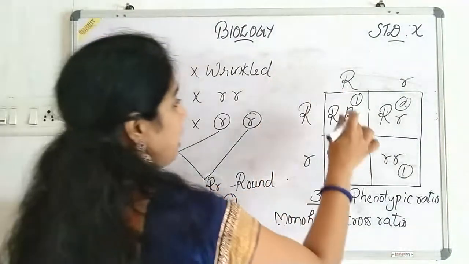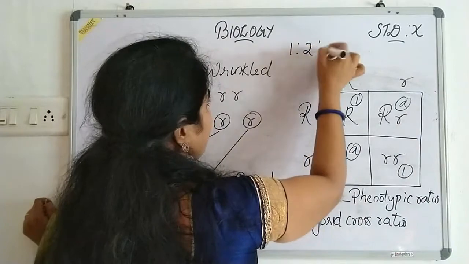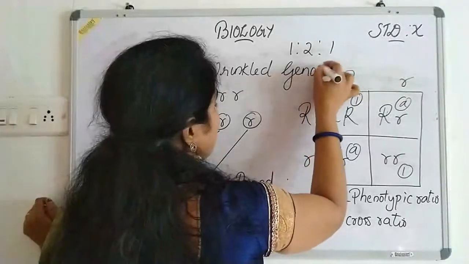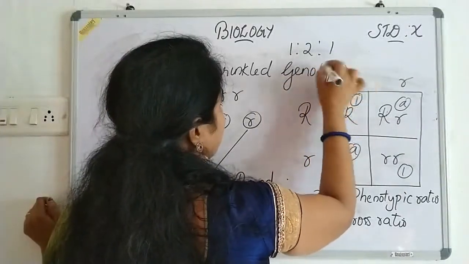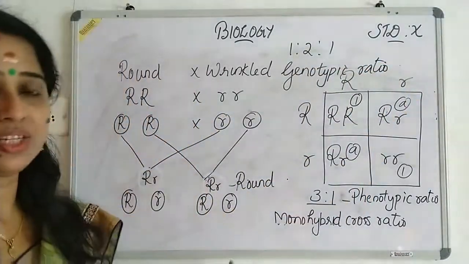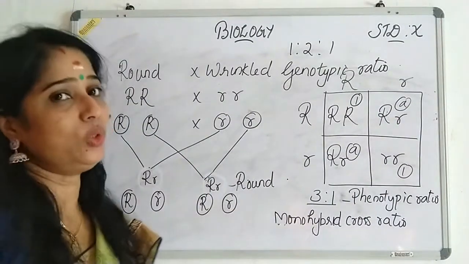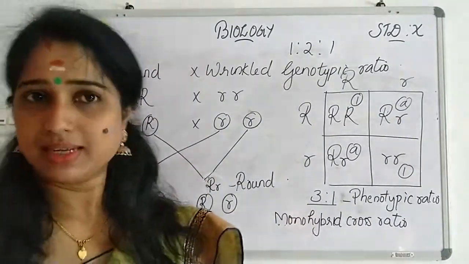Then what about the genotypic ratio? Here 1, this 2 and this 1, so 1:2:1. That is the genotypic ratio. Hope it is clear, my dear children. If it is clear, I can move on to the next session, that is the dihybrid cross. Clear?